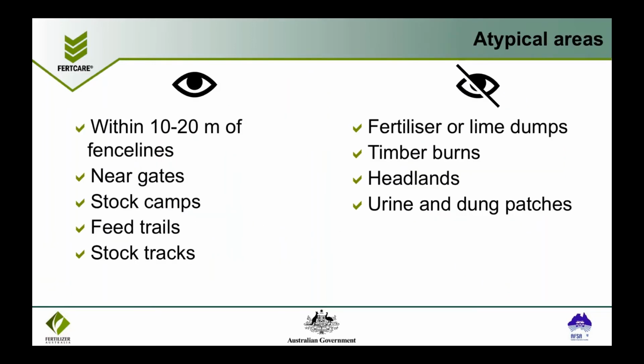When you're out there sampling, there are some things that you can actually see, areas that you might need to avoid, such as being close to fence lines, near gates, near stock camps, feed trails and stock tracks. But potentially there are other atypical areas that you may not be able to see, such as old fertilizer or lime dumps, timber burns, headlands, urine and dung patches.